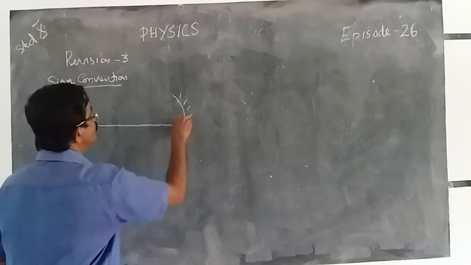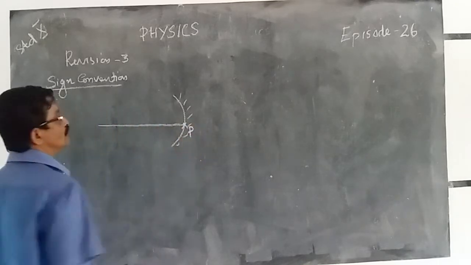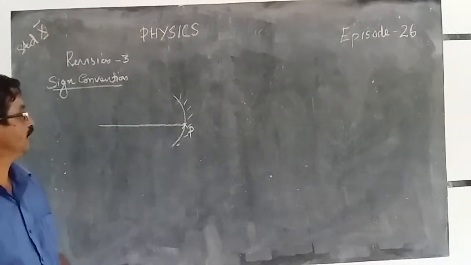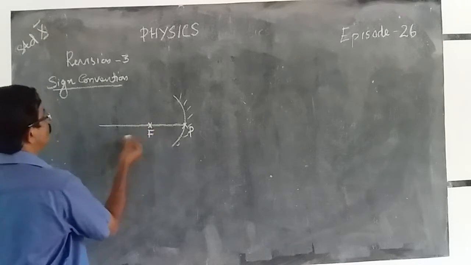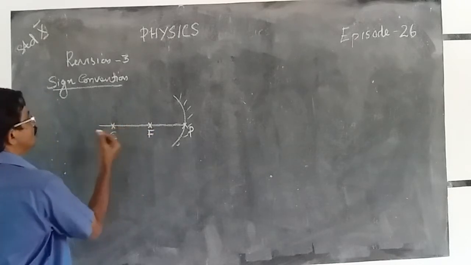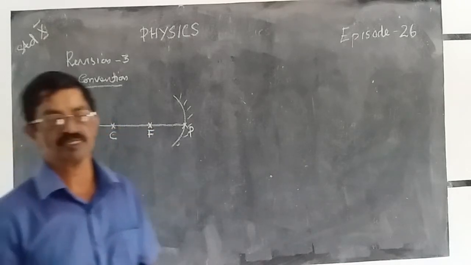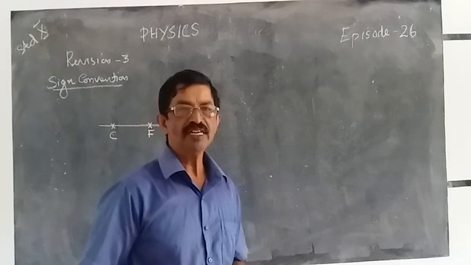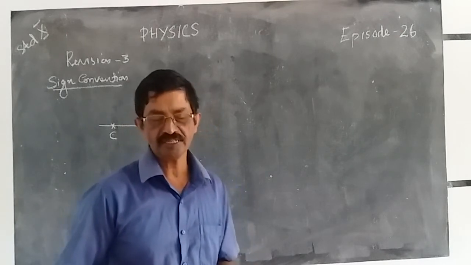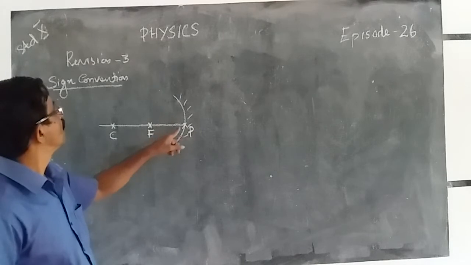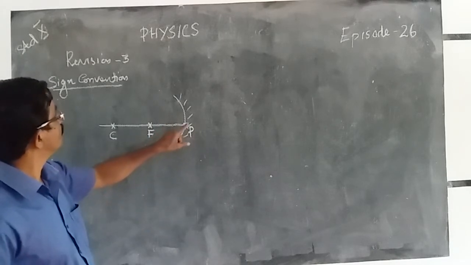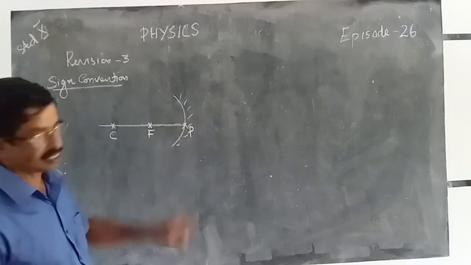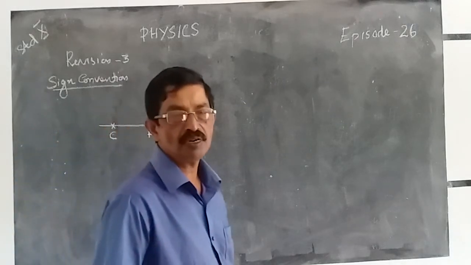This point is the pole, this point is the principal focus, and this is the center of curvature. We said that the point P is the pole.